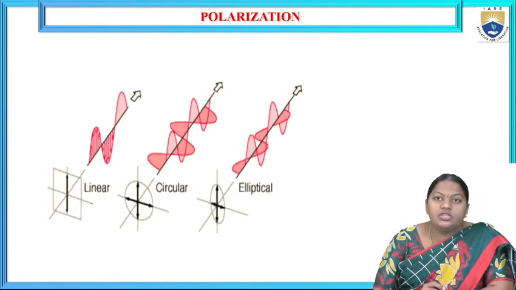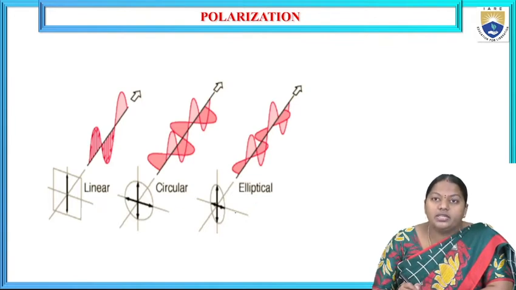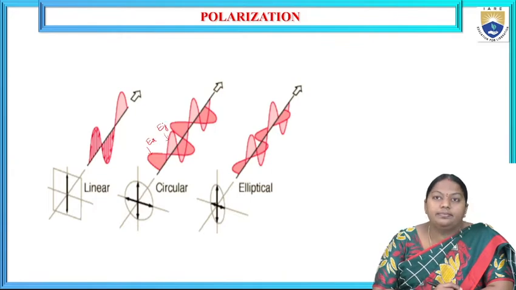In the linear polarization case, only one direction is considered, whether it is x direction or y direction. That's why the field components or the wave will be rotating like this. In circular and elliptical, we are supposed to consider two directions, hence Ey direction as well as Ex direction. If you consider, one is the x direction and the other will be the y direction.